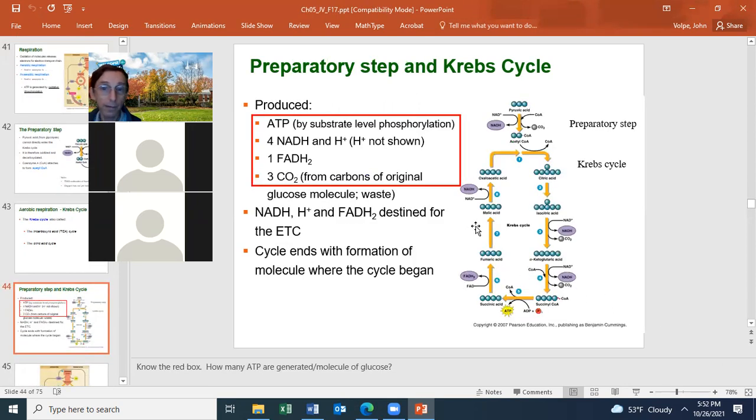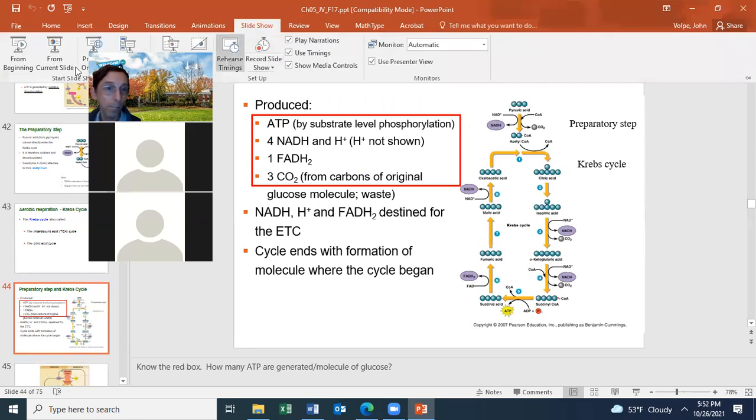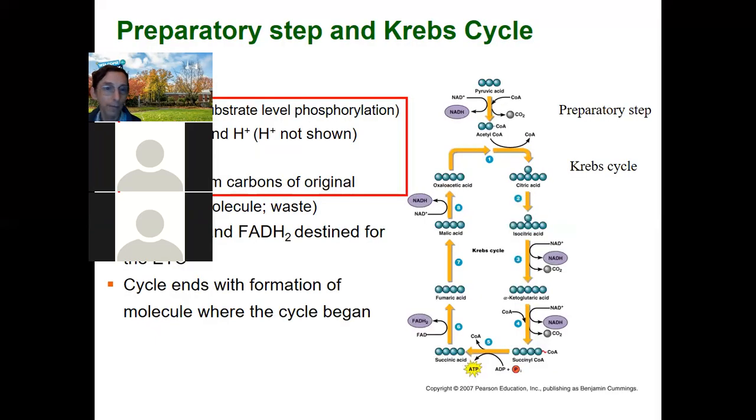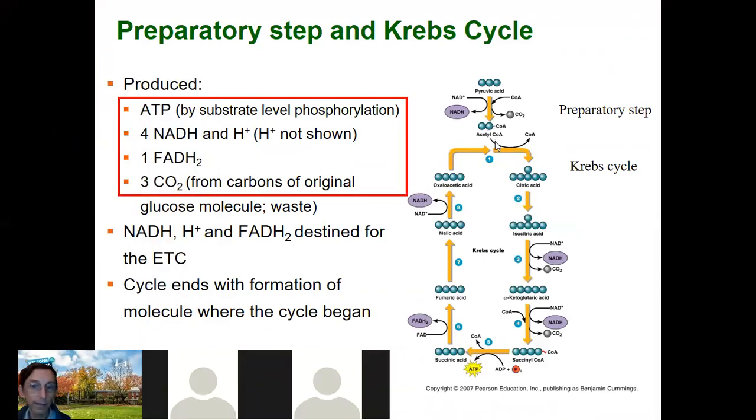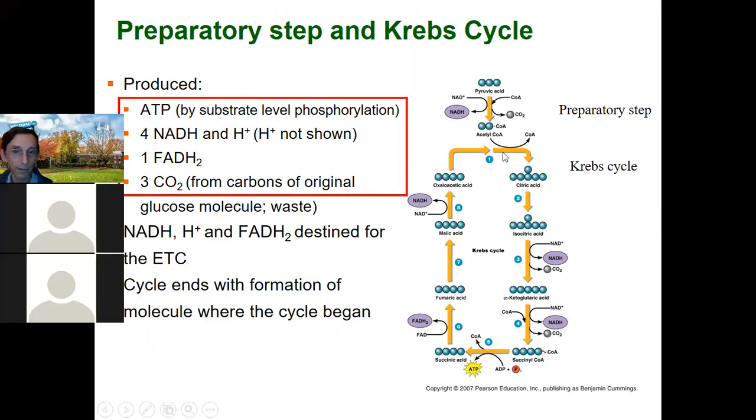This shows you the preparatory step and then the Krebs cycle here. Let me blow this up. In the Krebs cycle, the acetyl coenzyme A joins with oxaloacetic acid to form citric acid, which you don't need to know that name.